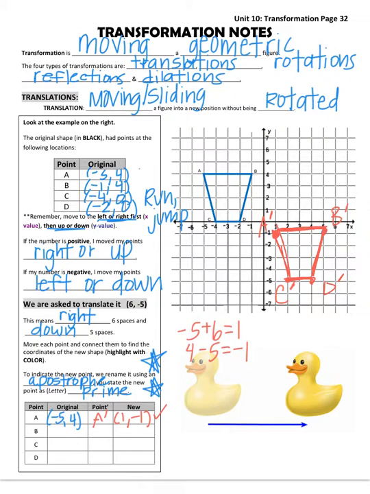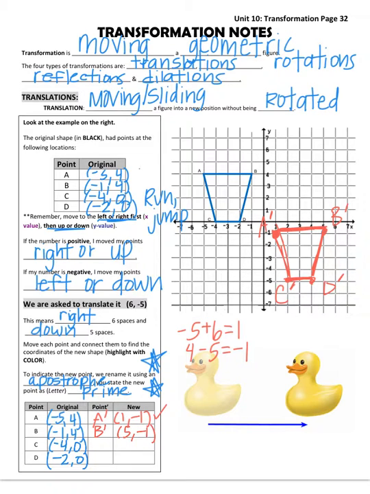Okay, let's copy down the ordered pairs. So we have B at -1, 4. I'm just copying this from the table up here. C was -4, 0. And D was -2, 0. Alright, B prime. So we got B prime at 5, -1.